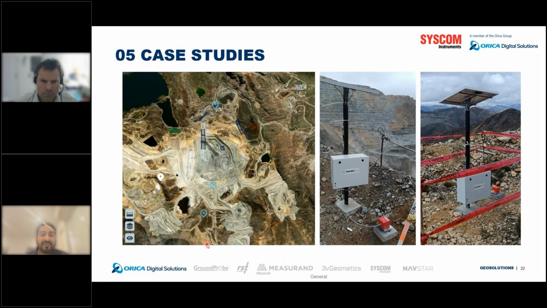And you can see in the center that we have a pit, and we have marked the 4 monitoring stations that were installed around this pit. Each one of them serves a specific purpose. The closest one monitors the south wall, which has instability precedents.